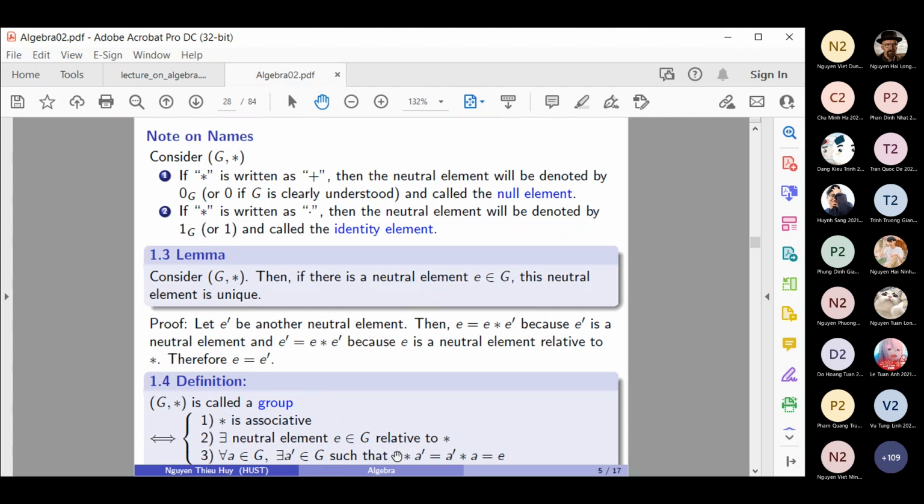You see that we require only that star is associative, because this is the most common property of operations. As you saw in previous examples, almost all of the operations up to now always have this associative property.